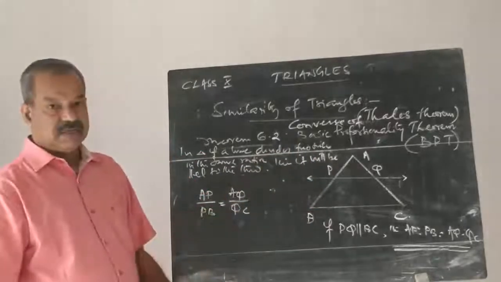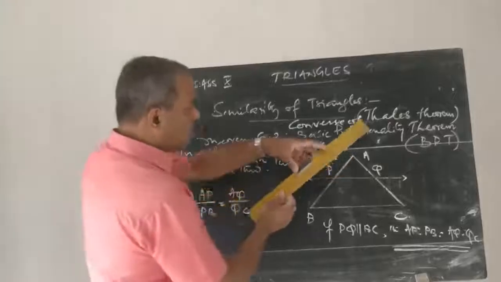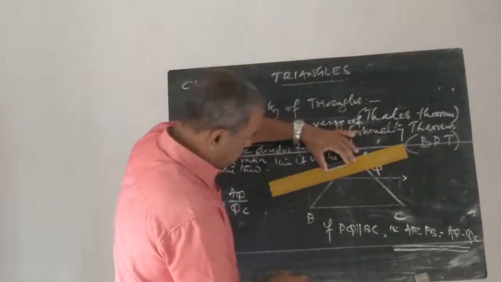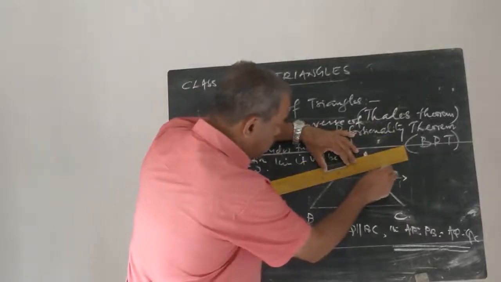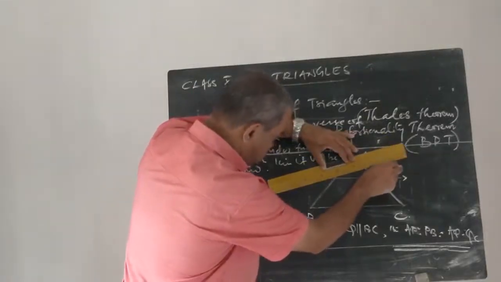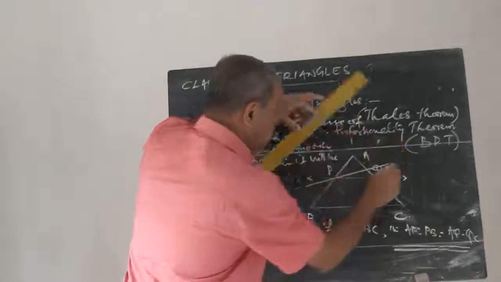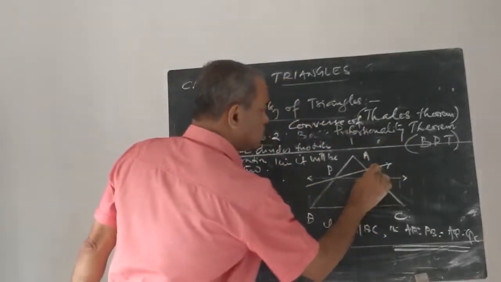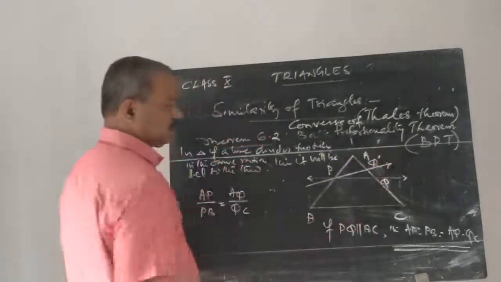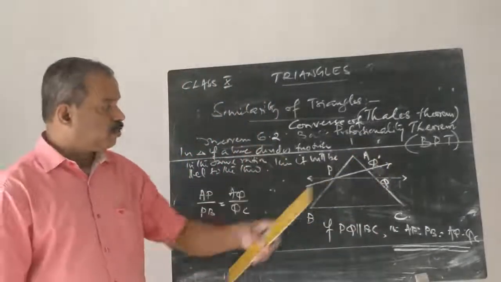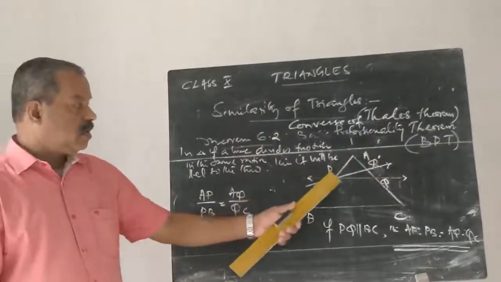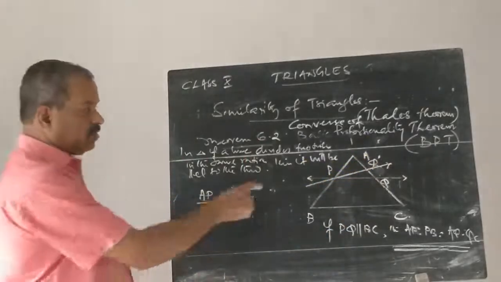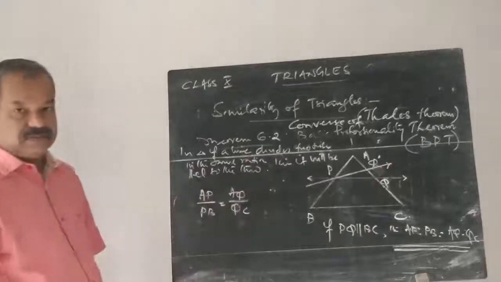Now suppose PQ is not parallel to BC. Then let us draw a line PQ dash, suppose PQ dash is parallel to BC. PQ is the given line.